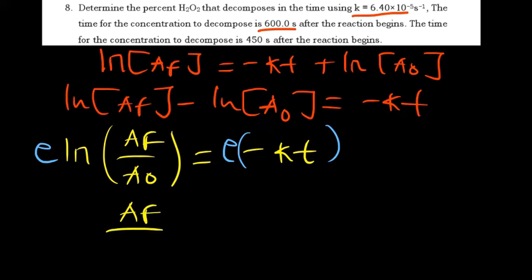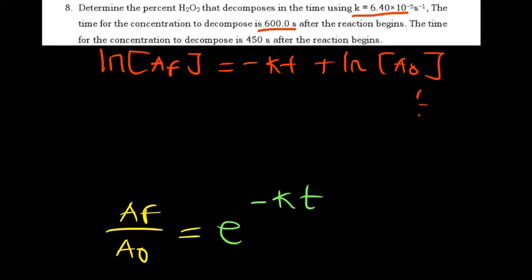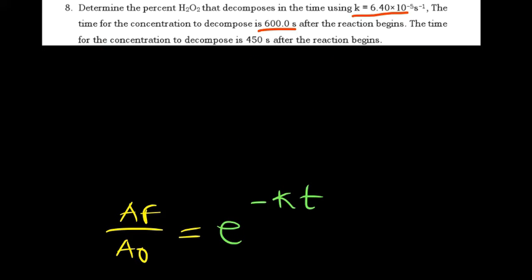On the right, since there is no natural log, it automatically becomes the power, negative KT. So this is another form of the first order reaction that can be useful in this kind of question: A final over A initial is equal to E to the power negative KT.